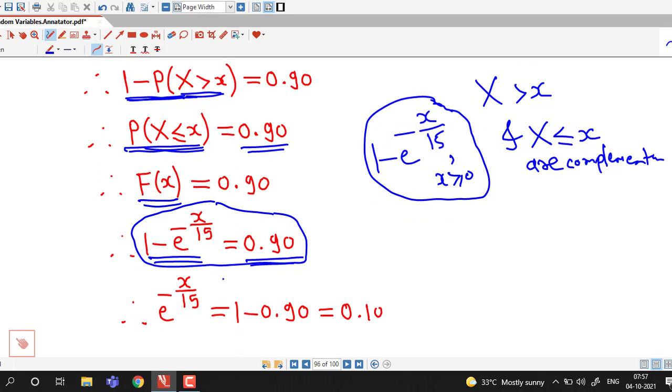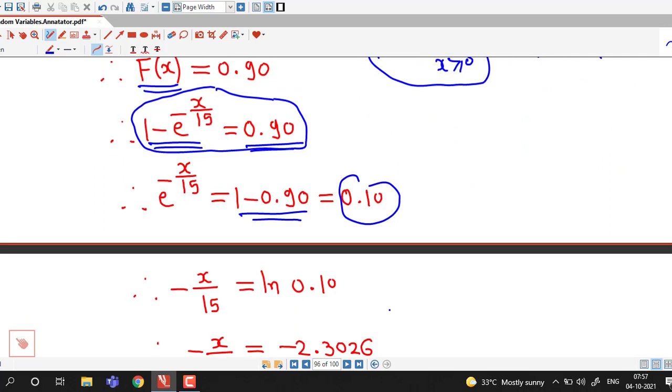So I can rewrite this as e raised to minus x by 15 equal to 1 minus 0.90, that is 0.10. Now if we take the natural logarithm on both sides, the logarithm of e raised to minus x by 15 turns out to be minus x by 15, equal to the logarithm of 0.10.